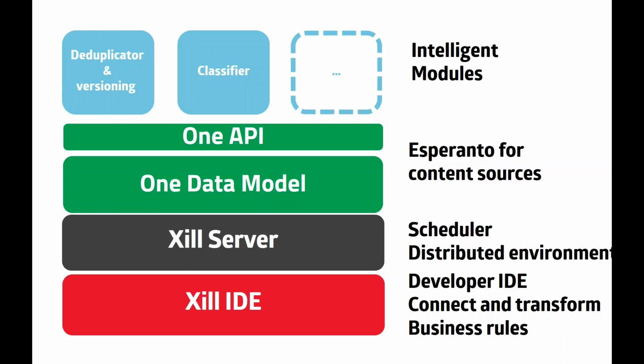So we deliver the API and the one data model and all the connectors. But we can get intelligent services to add value anywhere. We can incorporate them in the process. So we're not going to maintain and create them all ourselves, but take the best out of the world where the best are.